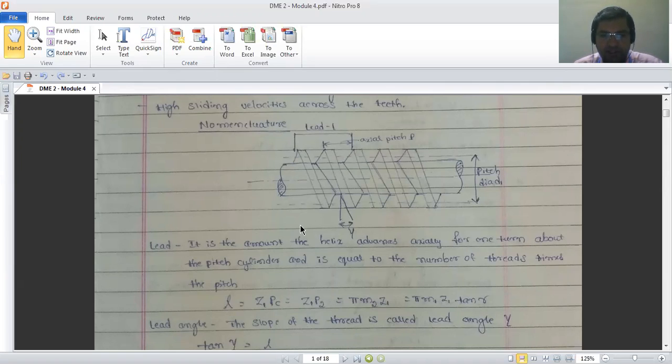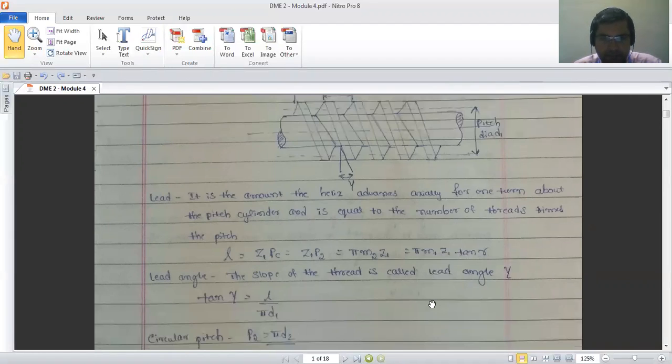So this number of teeth Z can be replaced by module, that is pi m2 Z1. Further it can be written in the form of pi m1 Z1 tan alpha, where alpha is the angle made by the teeth. That is called as a lead angle. So the lead angle is defined as the slope of the thread, called the lead angle gamma.